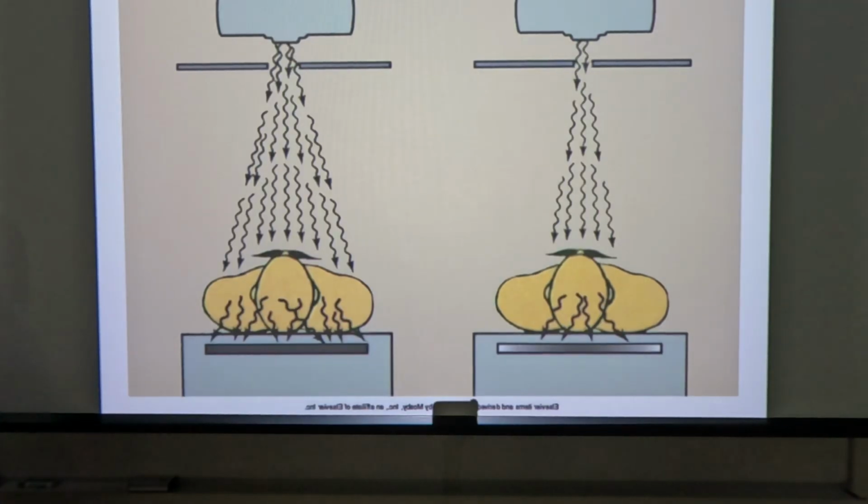So it's radiation dose. And for, I'd say, 100 years, it had a secondary effect on contrast, right?